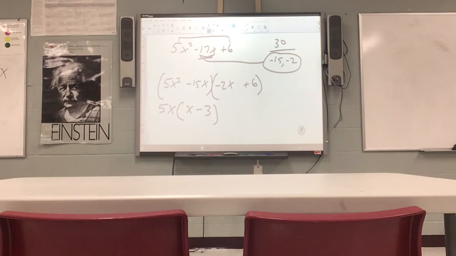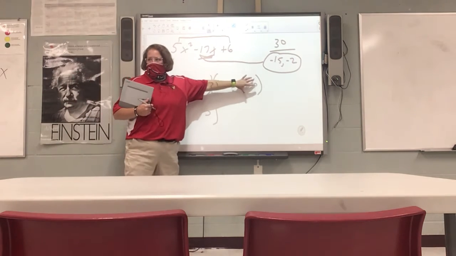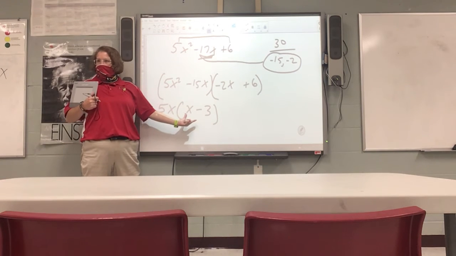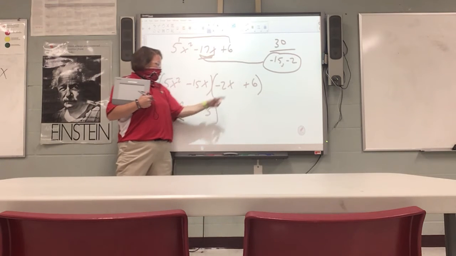What did 2x and 6 have in common? 2. Now let's look at the signs. After I take the GCF out of this parentheses, I want it to be identical to this. So what kind of 2 could I take out of this that would make it identical?